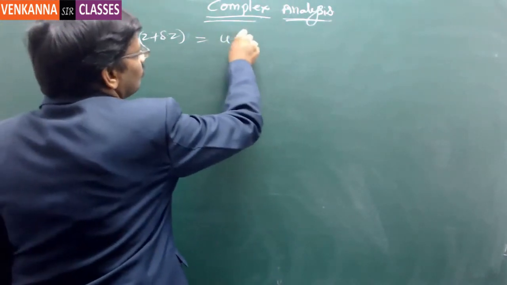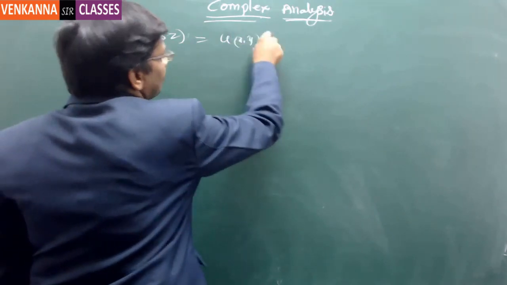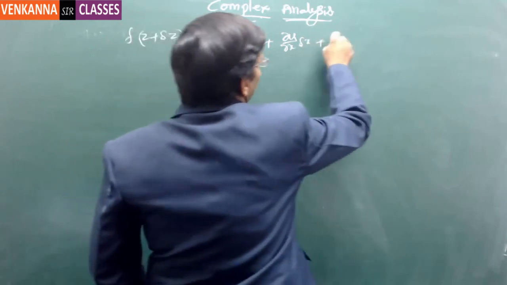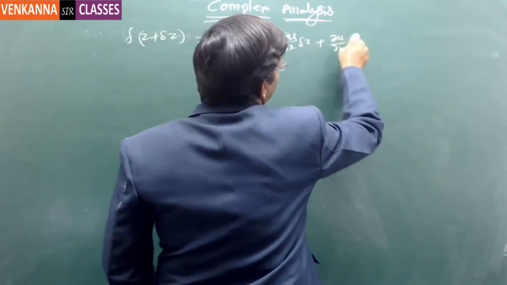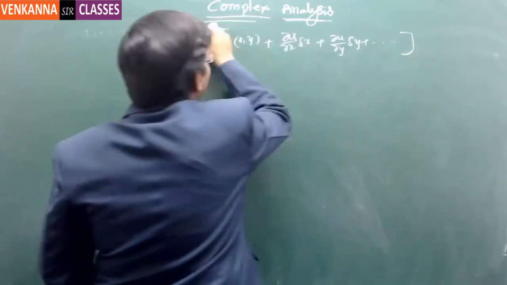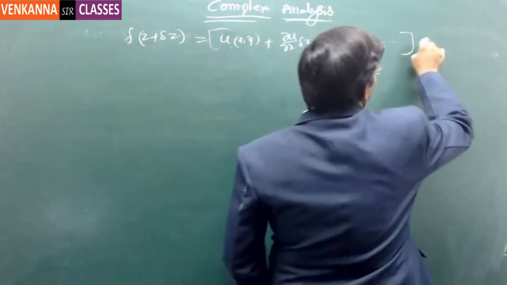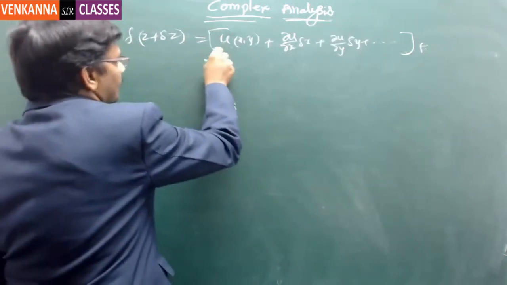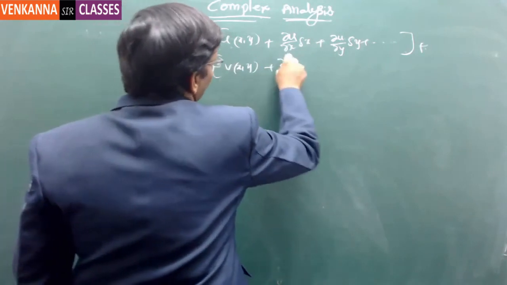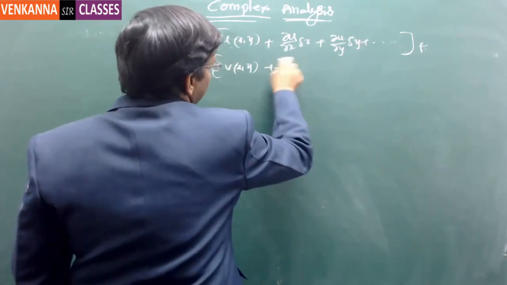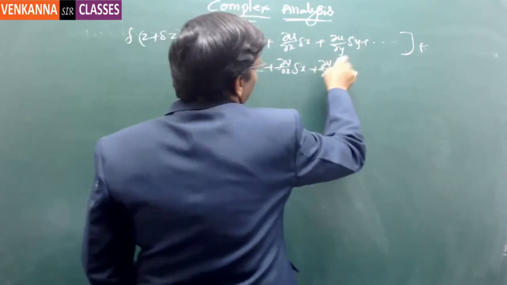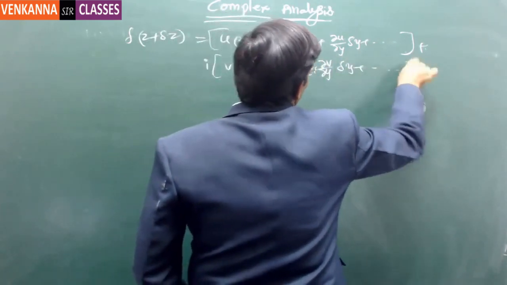This is u of x comma y plus dou u by dou x times delta x plus dou u by dou y times delta y plus higher order terms, you can ignore the higher order terms, plus I times v of x comma y plus dou v by dou x times delta x plus dou v by dou y into delta y plus higher order terms, you can ignore it.